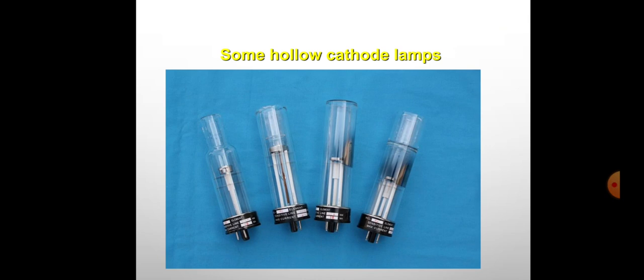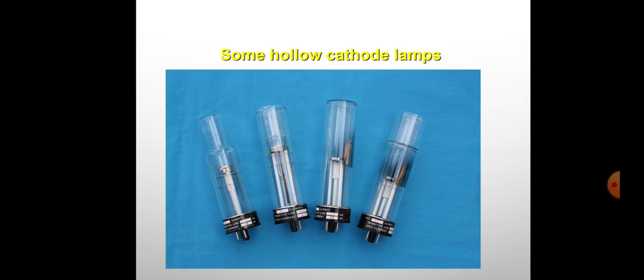The lamps on the left side are new lamps, and the lamps on the right side are old lamps, that you can see that the surface of the glass has been mirrored.